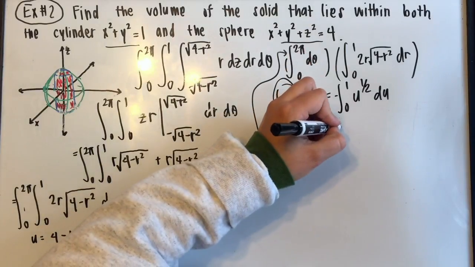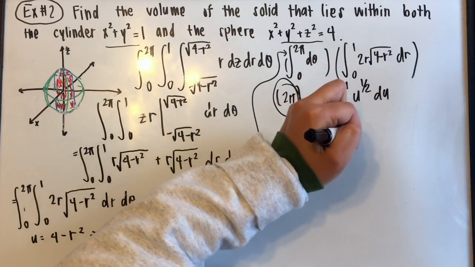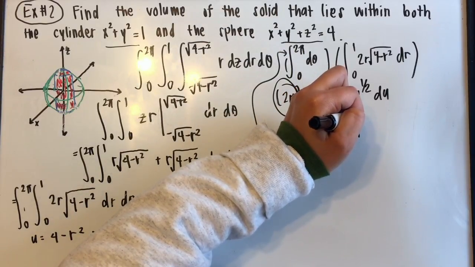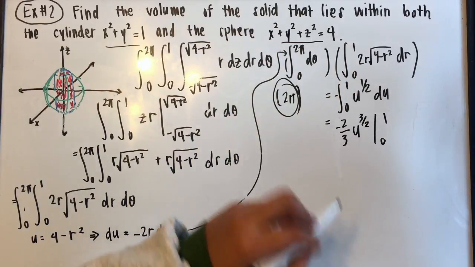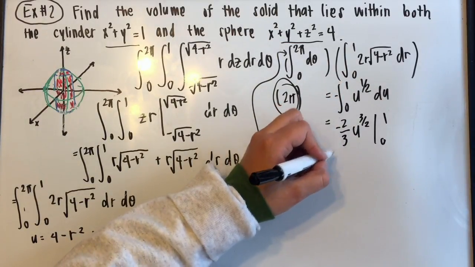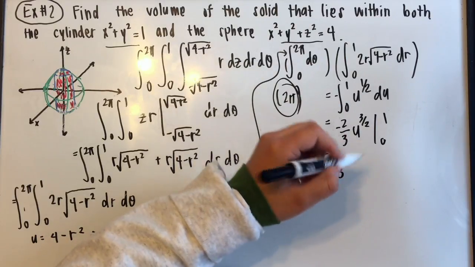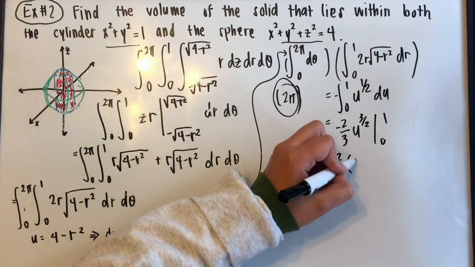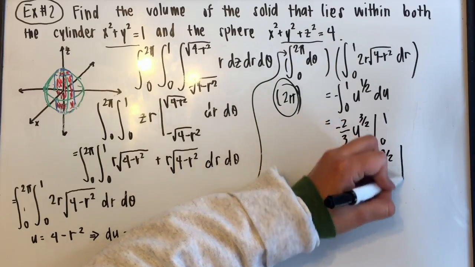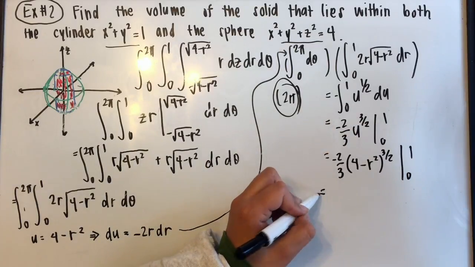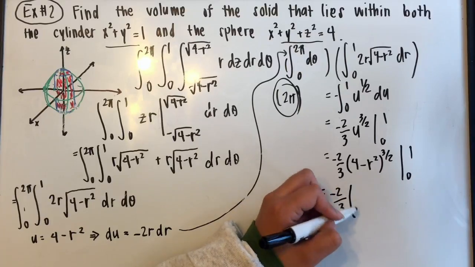So from there we get 2 over 3, integrating, we get 3 over 2 from 0 to 1. So now when we plug back in our u, I always like to plug it back in. And so this becomes -2 over 3.